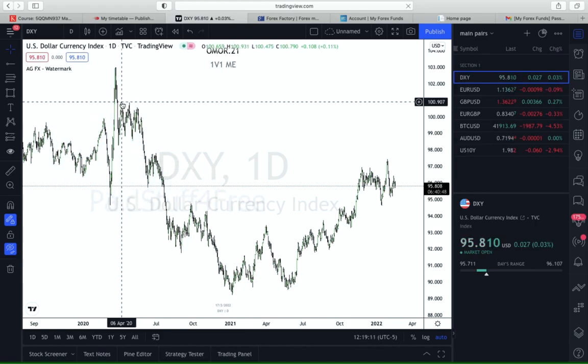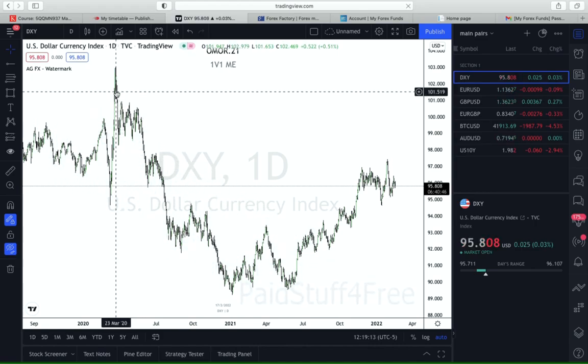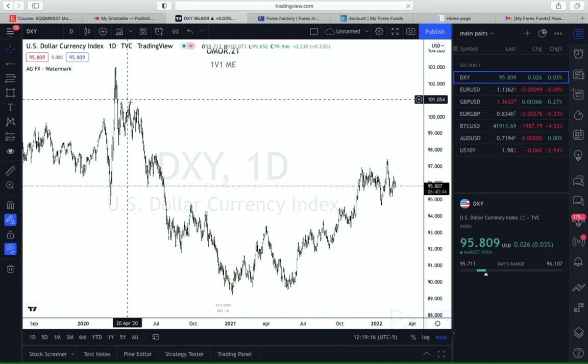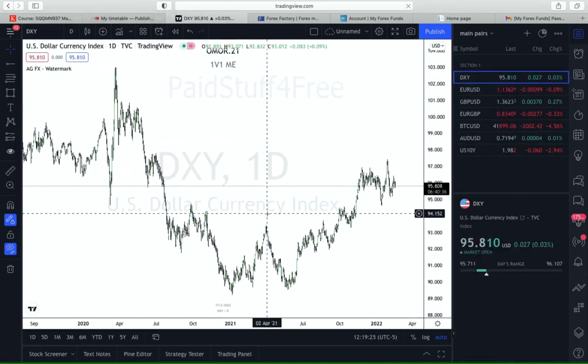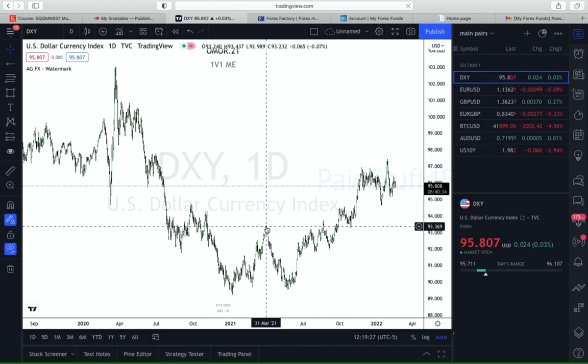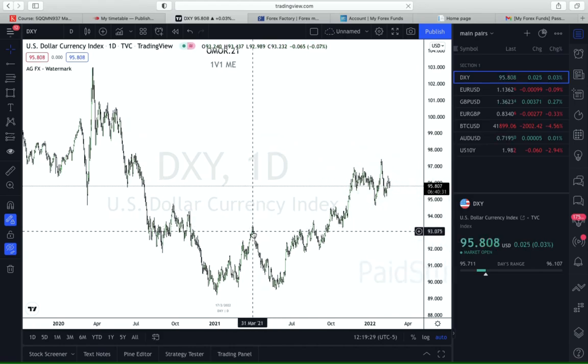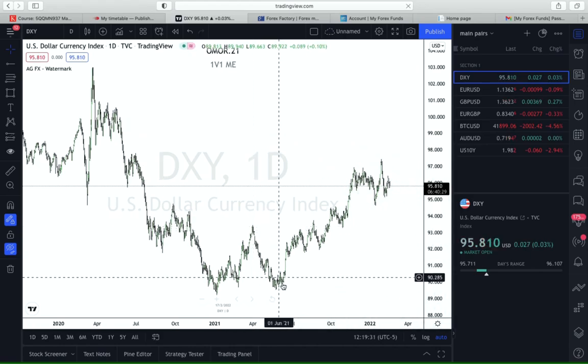Surprise, surprise, 31st of March, we see the decline down. Well, that's 2020. That's 2021. My bad. Let me go to 2021 as well. So this is 2021. 31st of March, and we see the decline down.